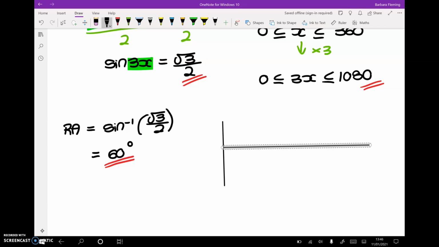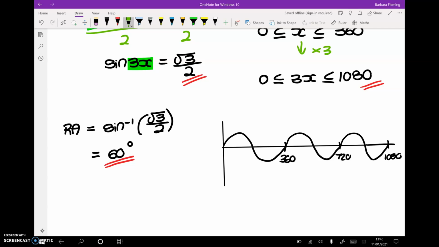I'm going to make this nice and long because we're going to be drawing up to 360, up to 720, up to 1080. So 360, 720, 1080. You always have to draw up to where your domain goes to. Okay, root 3 over 2. Positive answer here, somewhere around here.